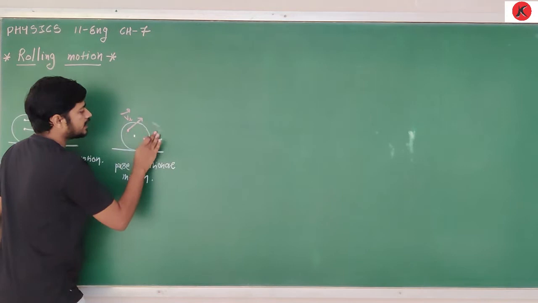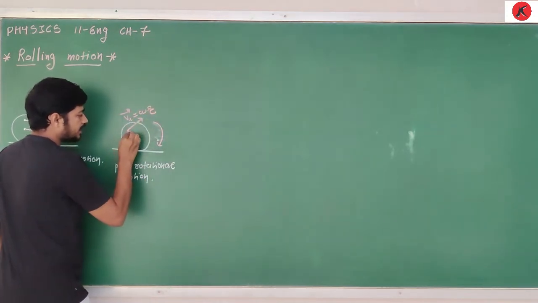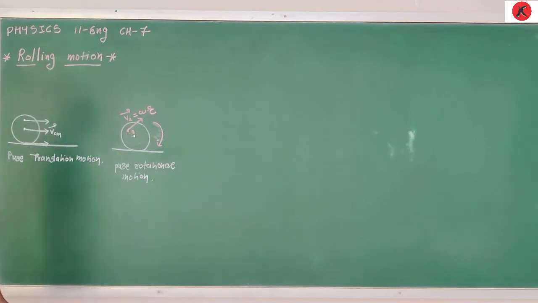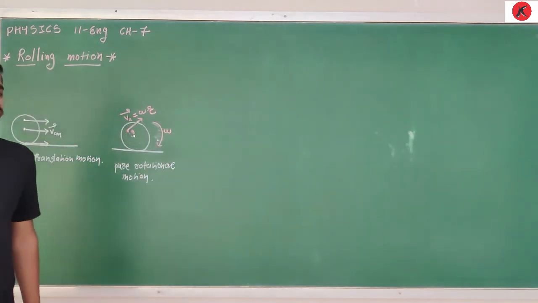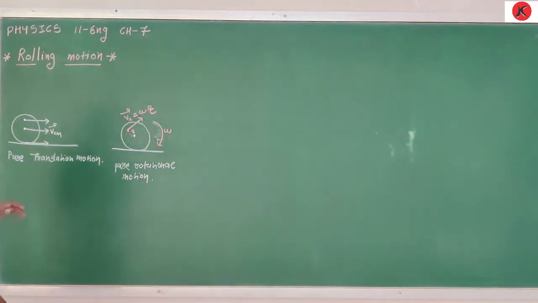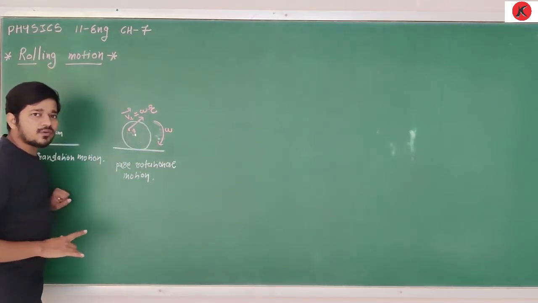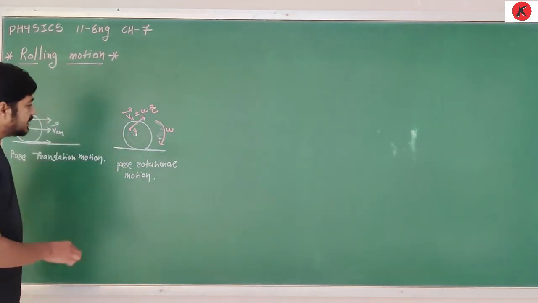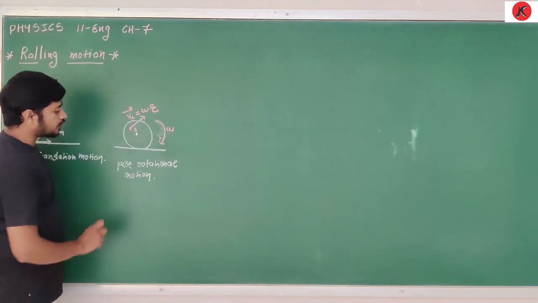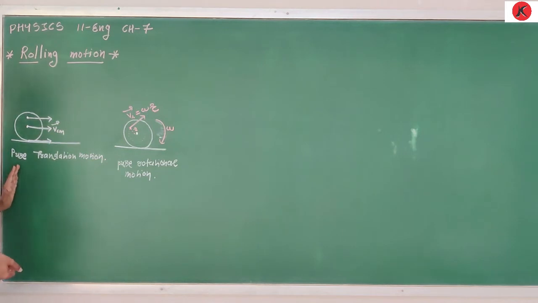This VL we can write as omega into R, where R is the radius, and omega is the angular velocity. Clear? So in this case, how to find the direction of this linear velocity on account of rotation? It is in the direction of the tangent on its circular path. So that is the difference between pure translational motion and pure rotational motion.